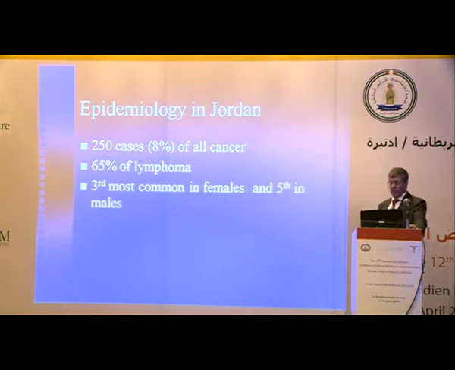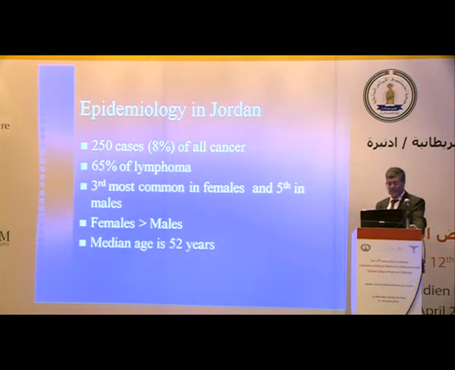It is also the third most common cancer in females and the fifth in males. Also in Jordan, we found that females are a little bit more predominantly affected by this type of disease than males, and the median age is much lower than in the United States, about 52 years.